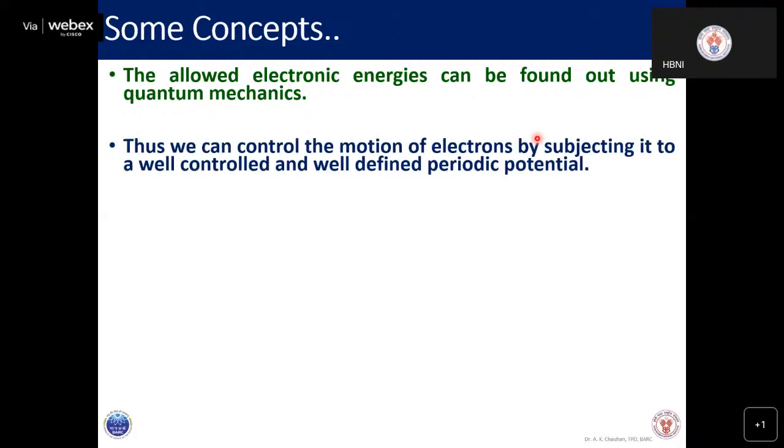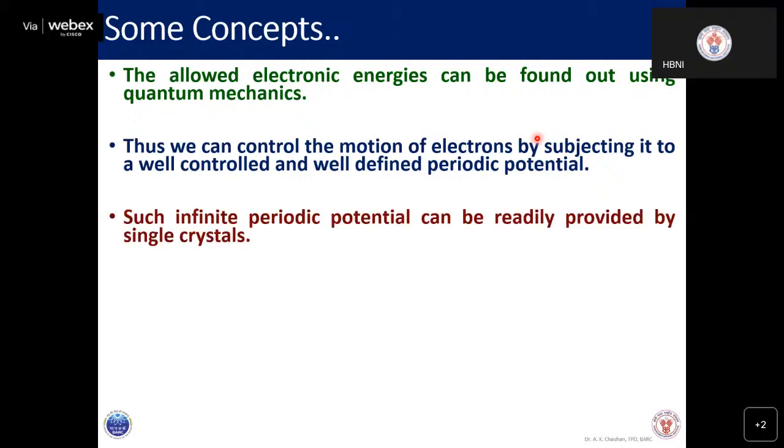The allowed energy can be found using quantum mechanics by solving the Schrodinger equation. Now we understand from all this that the motion of an electron can be controlled by subjecting it to a well-controlled and well-defined periodic potential. So this property can be very well utilized in forming devices.